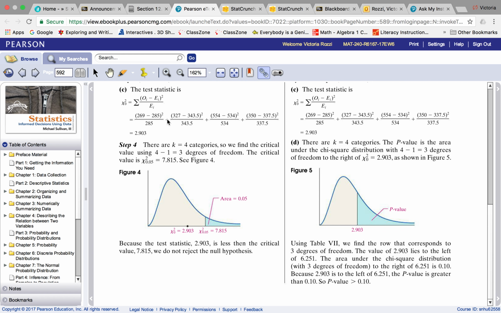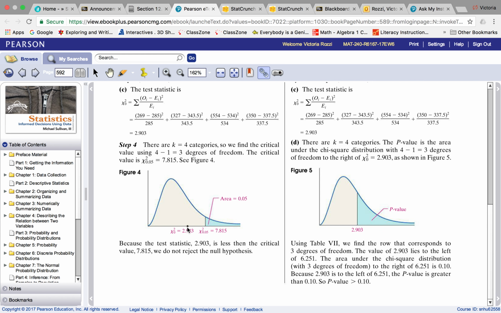The way that they're doing the hypothesis test here is they're comparing the test statistic to the critical value. Does that test statistic fall within the rejection region, which is where you have this shading happening? That's our area of 0.05. In this case, that test statistic does not fall in the rejection region, so we do not reject the null hypothesis.